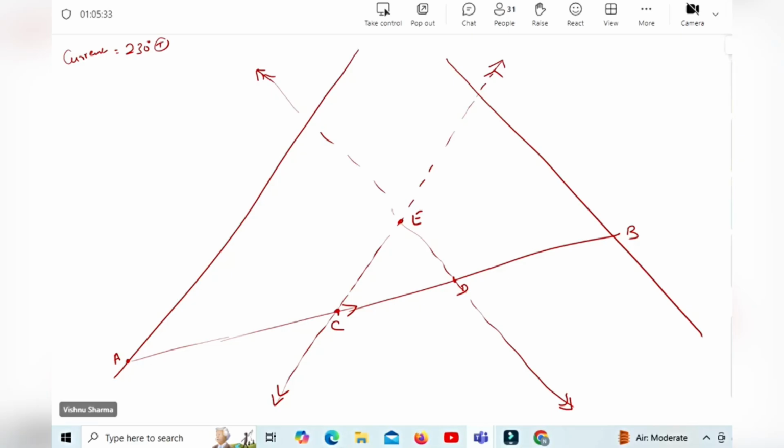Yes or no? No, sir. It's not going to cut. If you see anybody continuing here, they are not wrong. But if you try to continue here, you'll get confused.